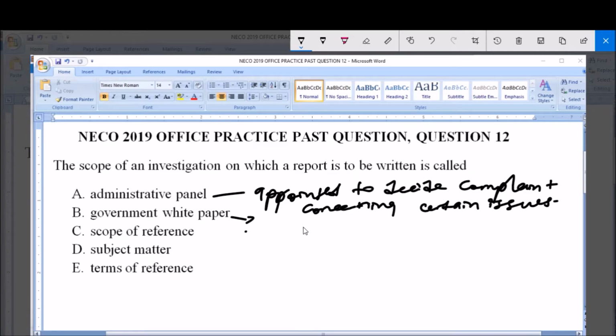Now B here says what? Government white paper. Now government white paper simply refers to ways by which government presents policies and preferences before they are introduced into legislation.